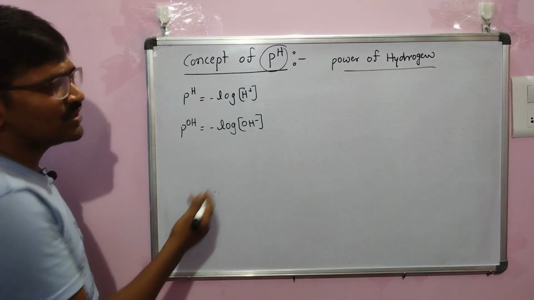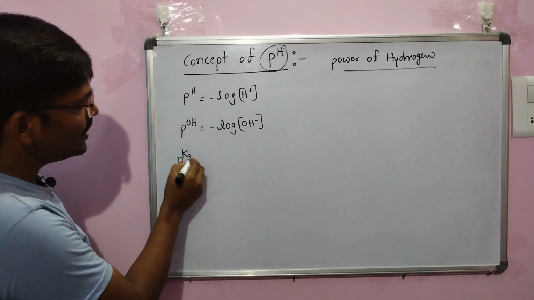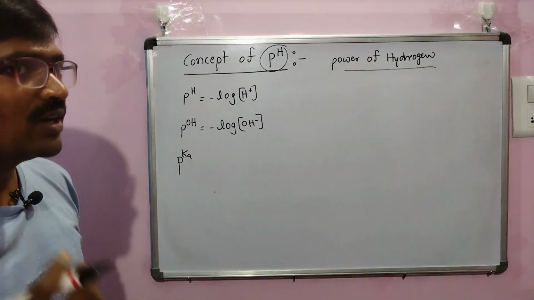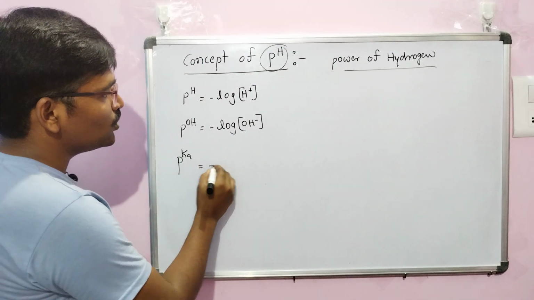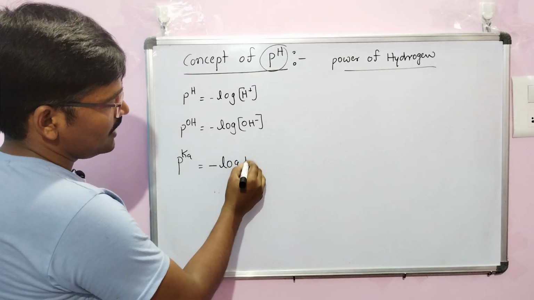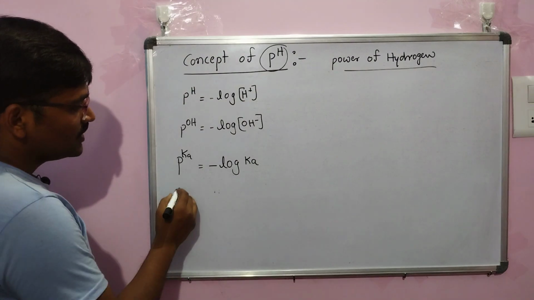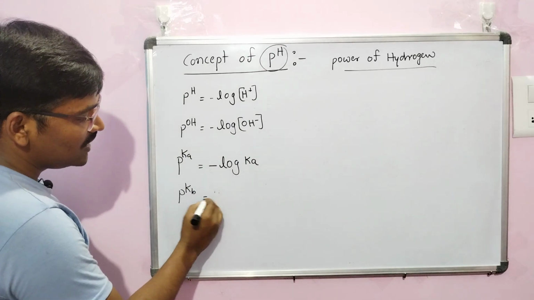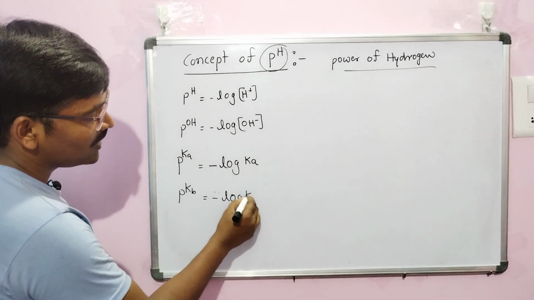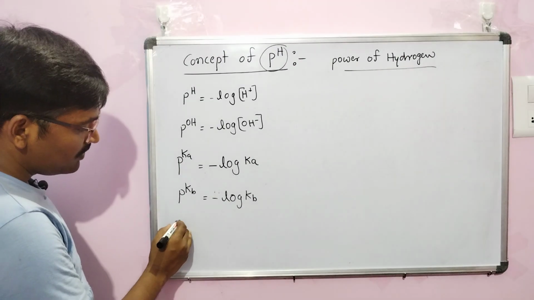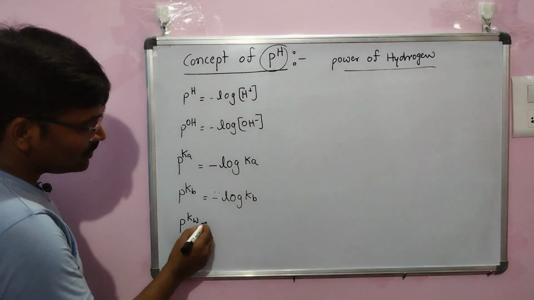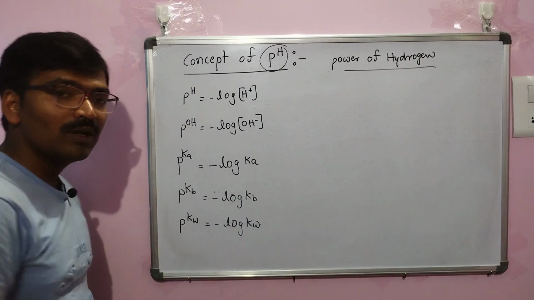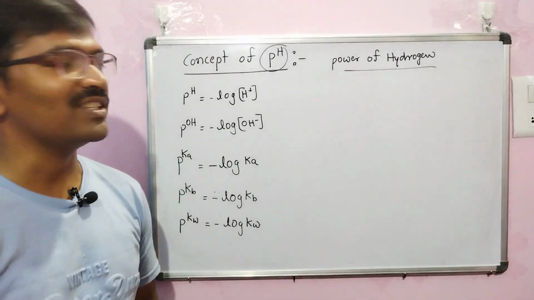Similarly, Ka is the ionization constant of an acid, and pKa equals minus log Ka. pKb, for the ionization constant of a weak base, equals minus log Kb. Then pKw equals minus log Kw, where Kw is the ionic product of water.